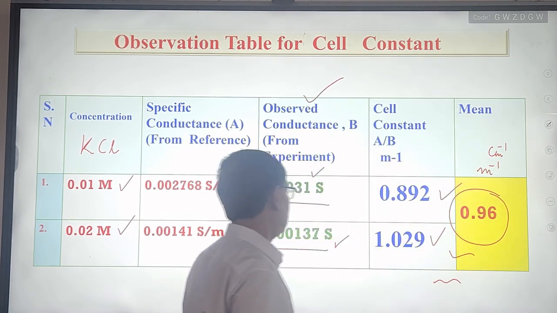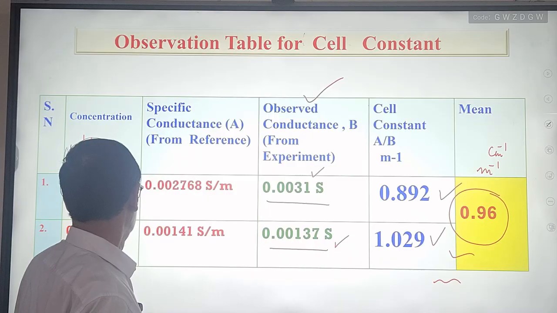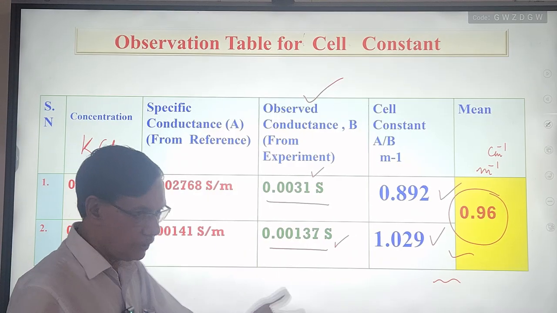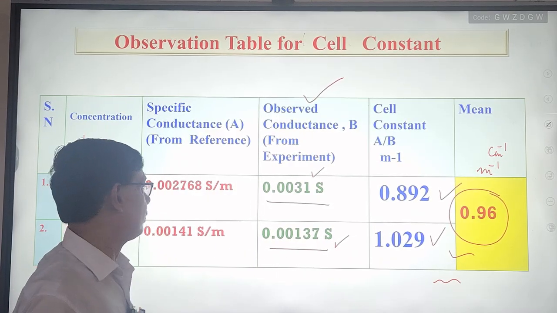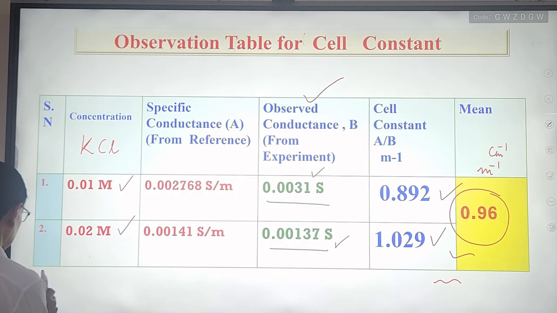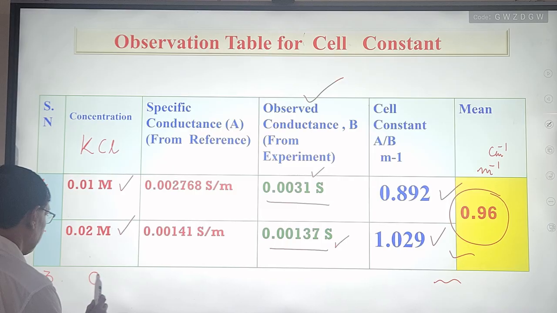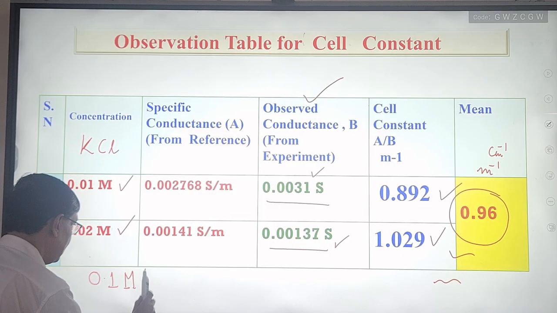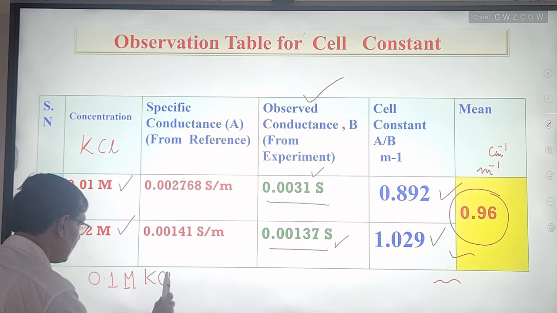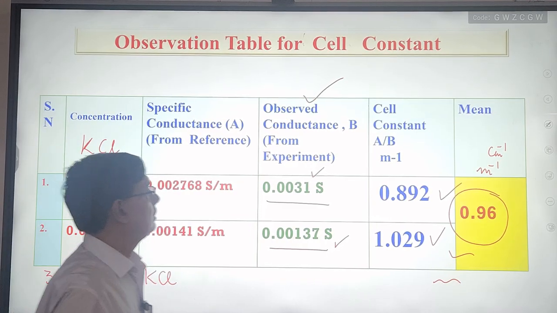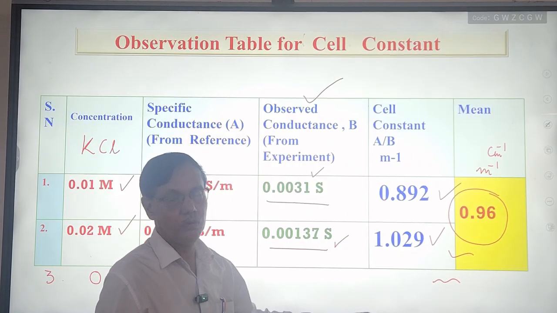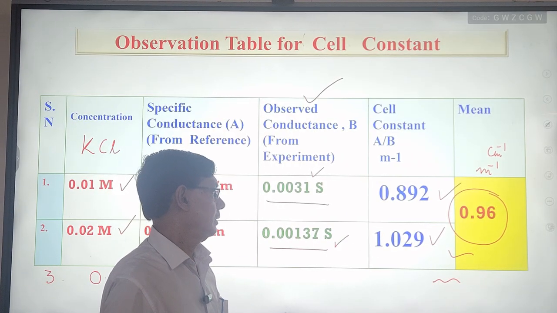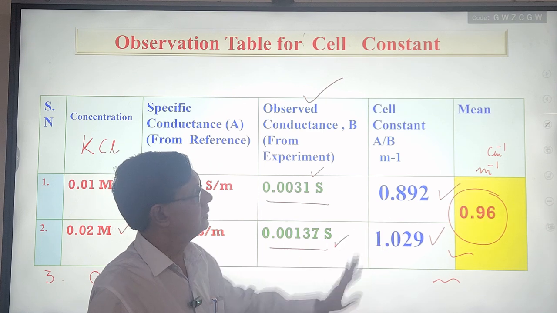Now my suggestion is that in future experiment, when the other students will perform experiment, they can prepare another solution in order to confirm this thing. I think they can also prepare 0.1 molar KCl again. So they will get 3 values. It will be much better. But it is all right.